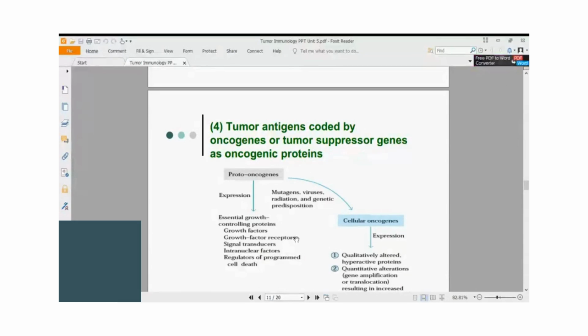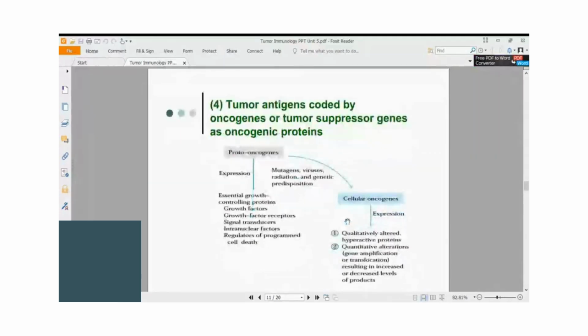So there will be a qualitative difference as well as a quantitative difference in the proto-oncogenes when they move into cellular oncogenes. And that qualitative and quantitative alteration of the property of the proto-oncogenes gives the additional ability for the normal cell to undergo transformation and develop into tumor.